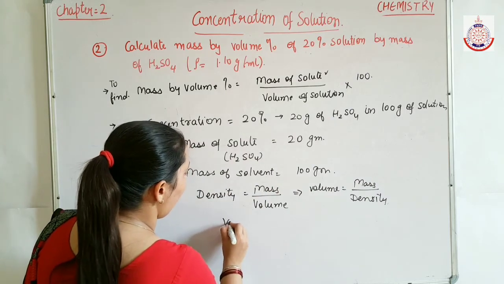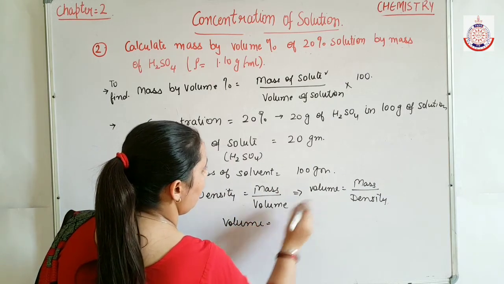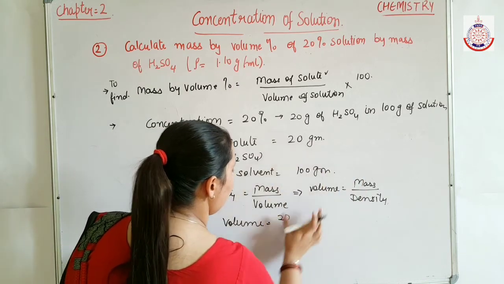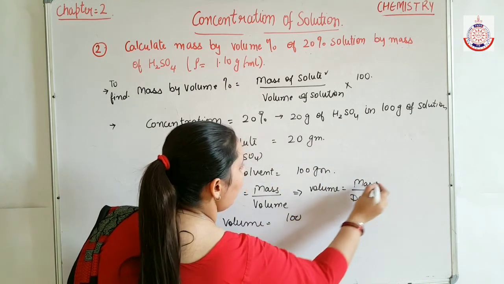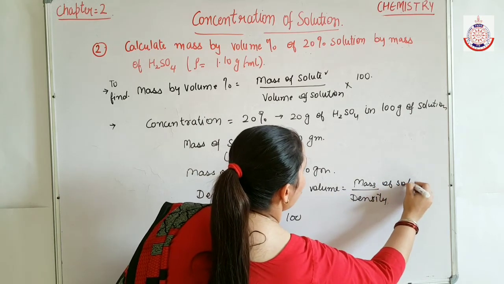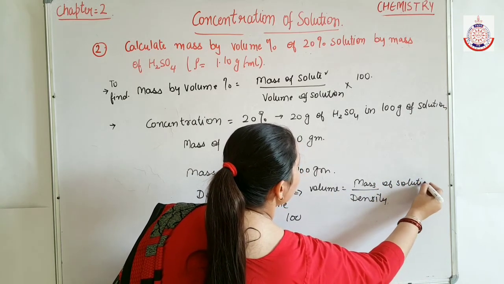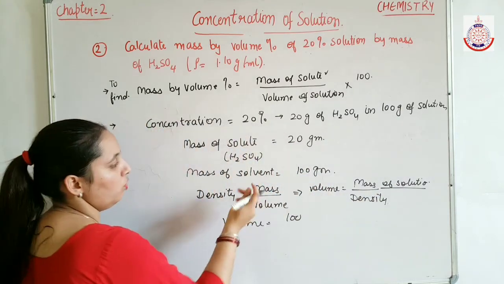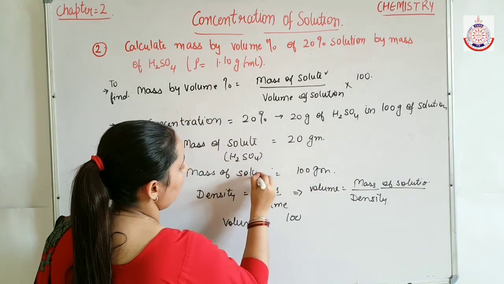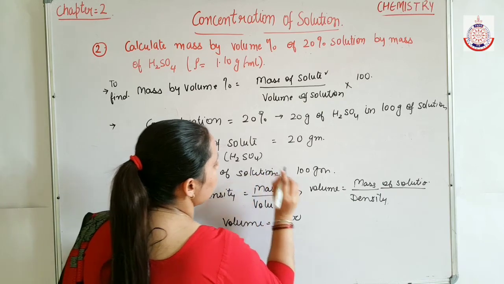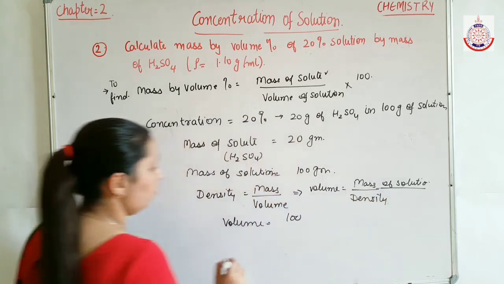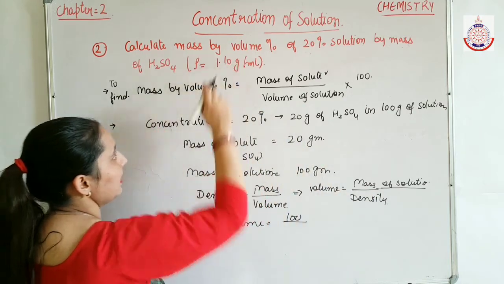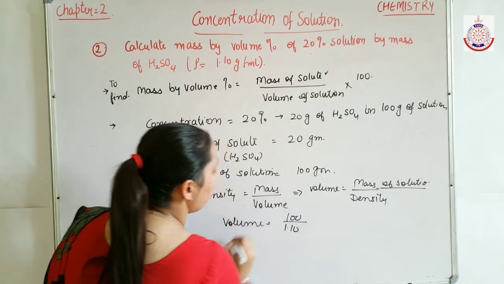So now what is the volume of the solution? Mass of the solution here I am talking about, not the solute. Mass of the solution is 100 and here is the density of solution, that is given, 1.10.